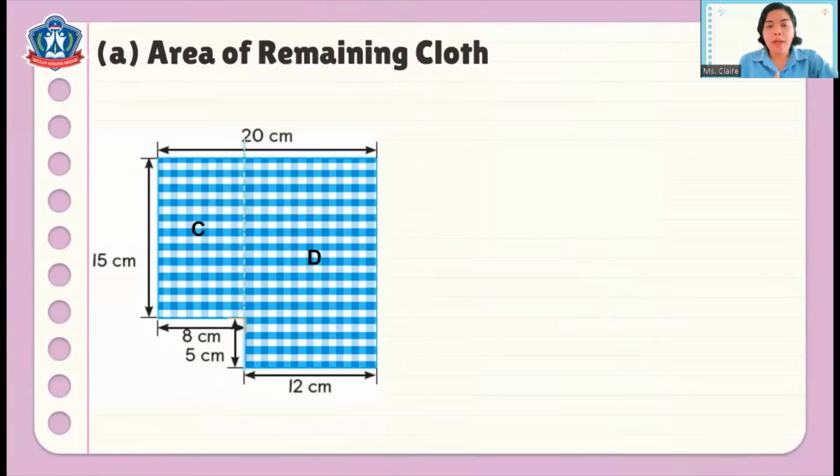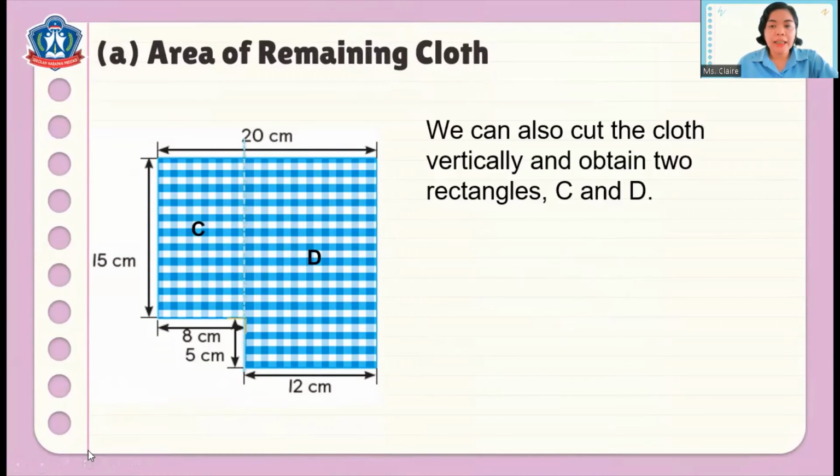There is another way of finding the area of this cloth. We can cut this cloth vertically and we can find two rectangles, rectangle C and D. So for rectangle C, the dimensions are 15 cm times 8 cm. Then for rectangle D, we have 12 centimeters times, what is the missing dimension?